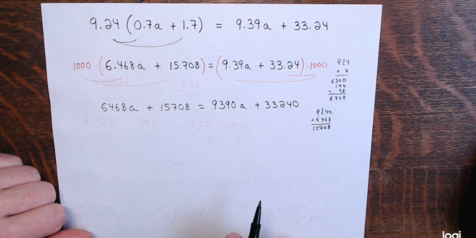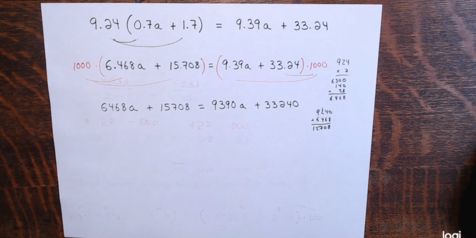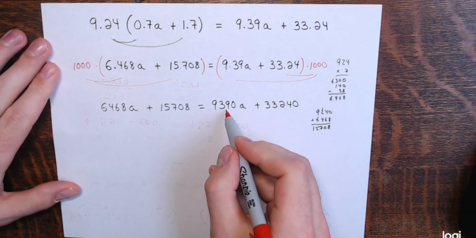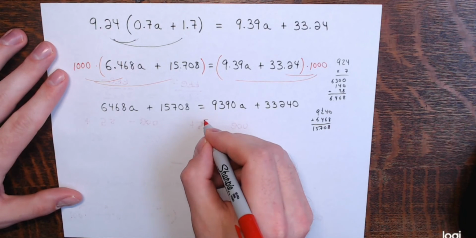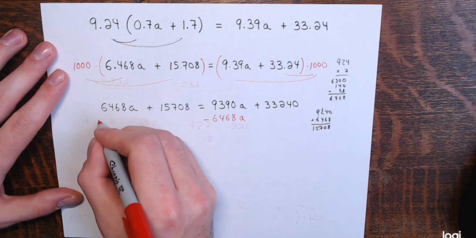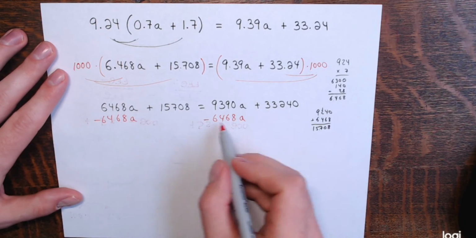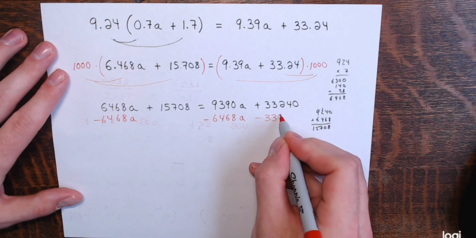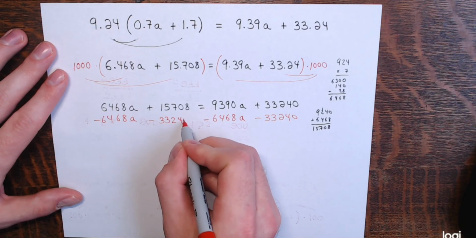Okay, now let's move some stuff around. Now I know I usually take the variable to the left, but this time I feel like taking it to the right because the coefficient on the right's bigger. So I'm going to subtract 6,468A from both sides, and then subtract the 33,240 from both sides.